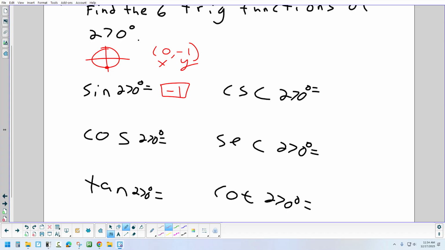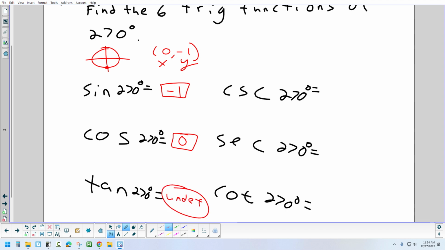Remember, 0. And the tangent of 270? -1 over 0. And what's -1 over 0? Undefined.